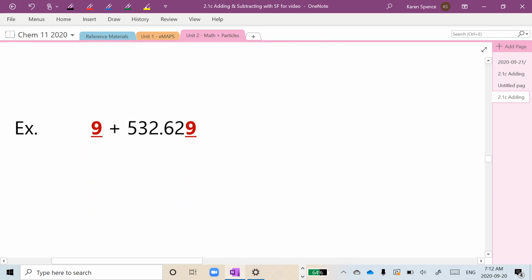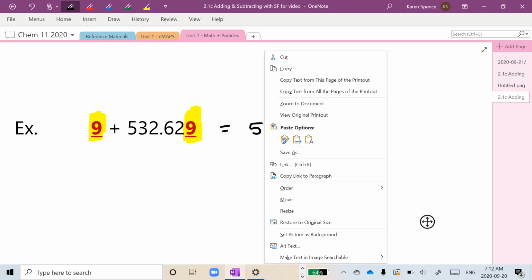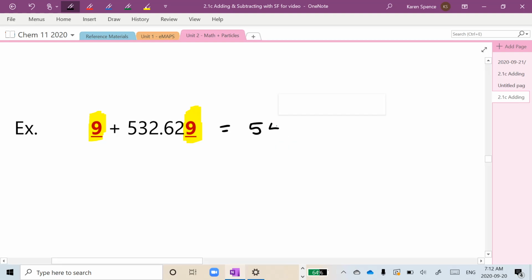Okay, let's take a look at this next one. We have 9. Oh my gosh, there's only one number there. That means that digit is uncertain. And then in our next number, the third decimal position, the thousandths position, is our uncertain digit. We plug that into the calculator and we get 541.629.